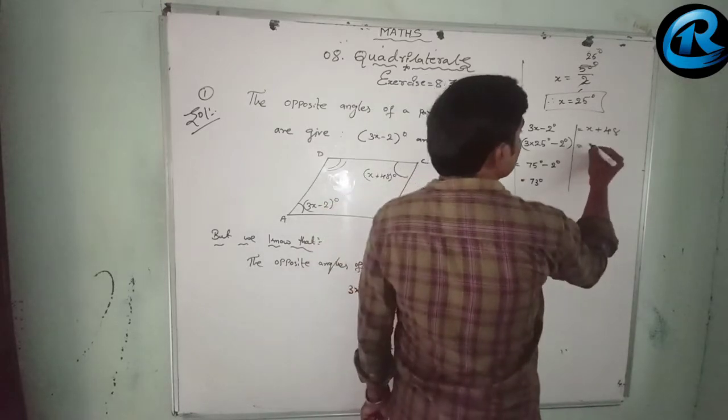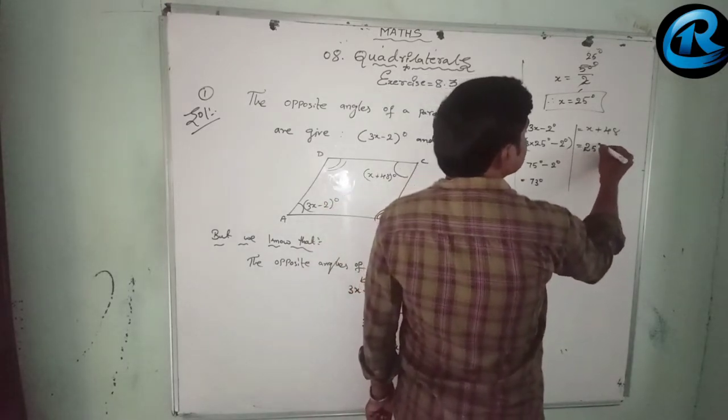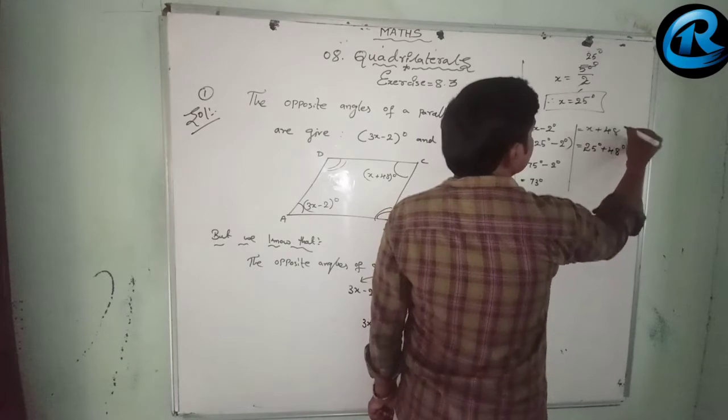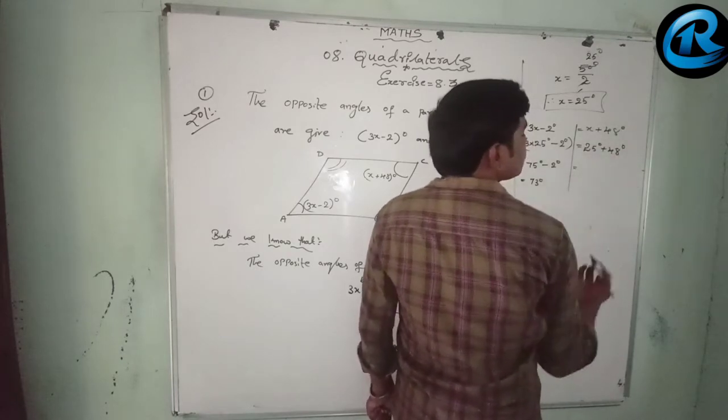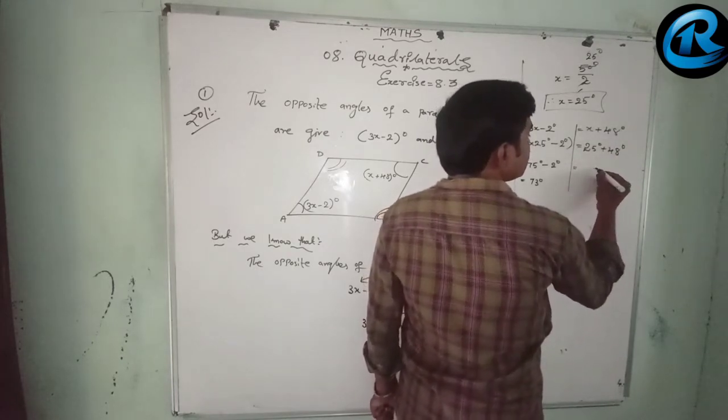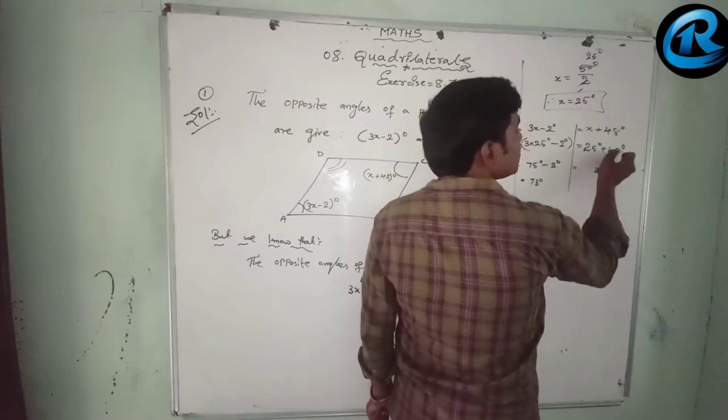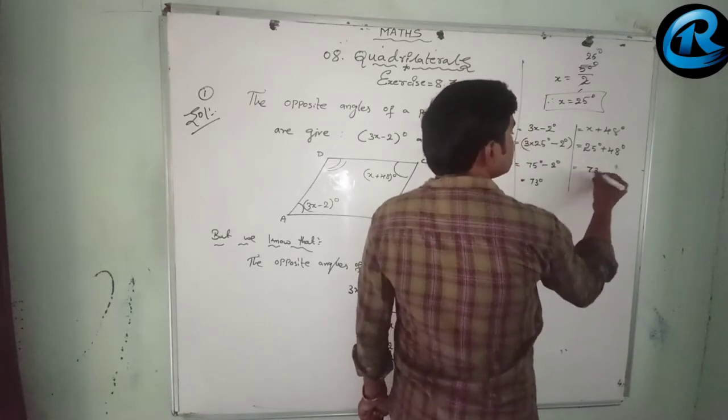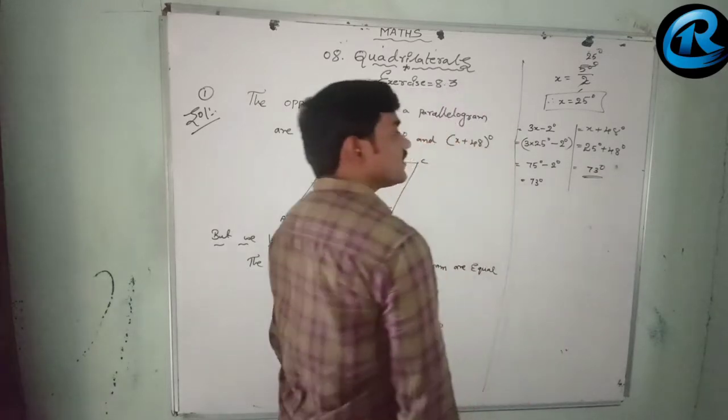Here also check: x is 25 degrees plus 48 degrees, that is 73 degrees. We got 73 degrees and 73 degrees.